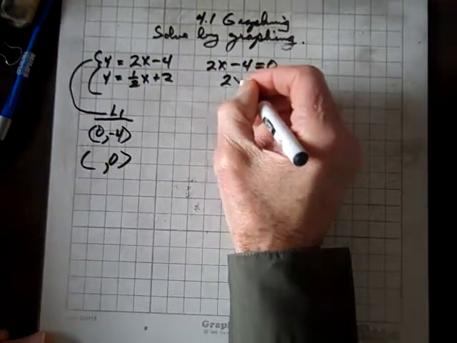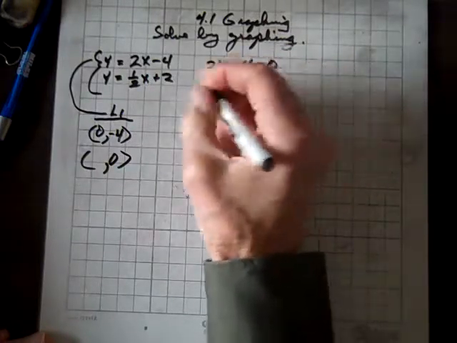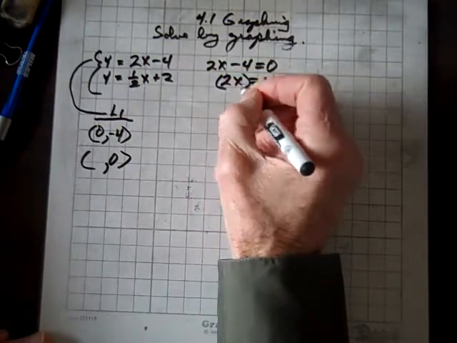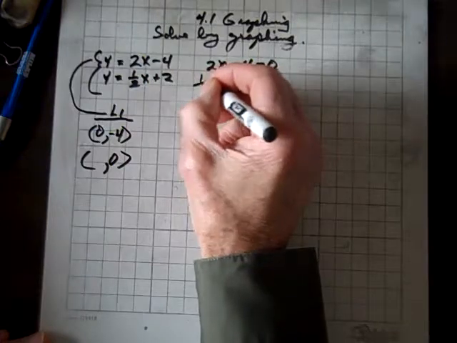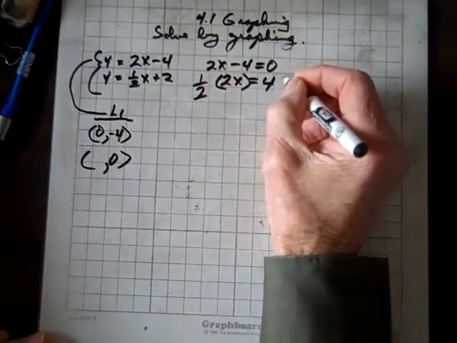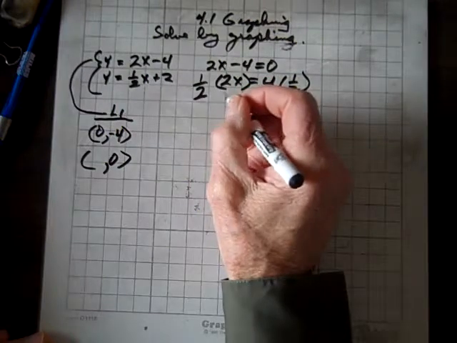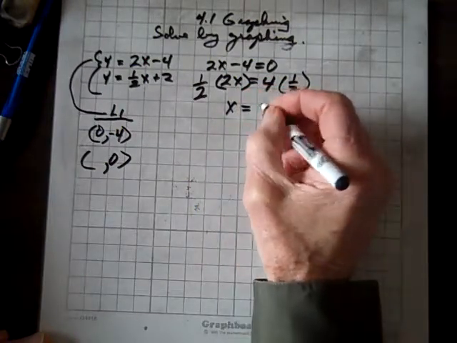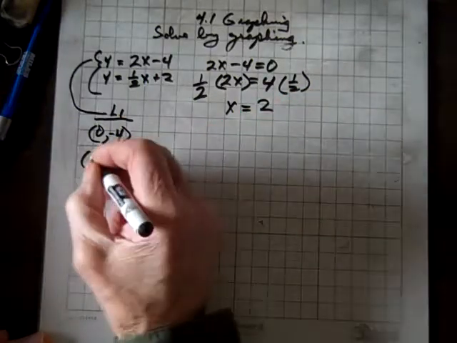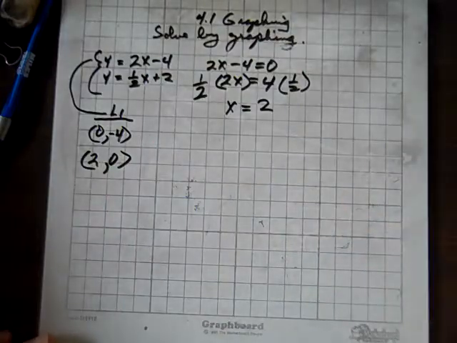We'll add 4 to both sides, and we get 2x equals 4. Then we'll multiply both sides by the reciprocal of 2, which is 1/2. The product of reciprocals is 1, so 1 times x is x, and half of 4 is 2. So now we know the x-intercept is 2.